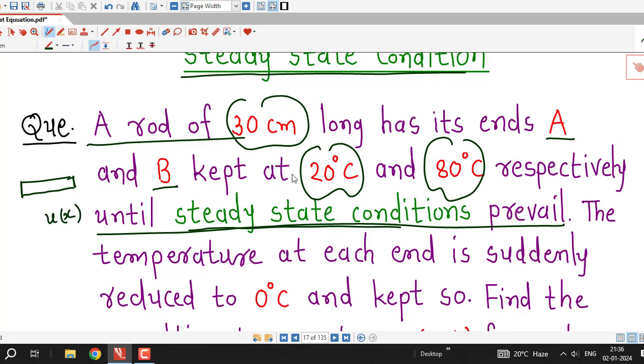And during this steady state, it is given that temperature at end A is 20 degrees Celsius and temperature at point B is 80 degrees Celsius. And U does not depend on time, U depends on X only. That means partial derivative of U with respect to T is 0 during this steady state situation.